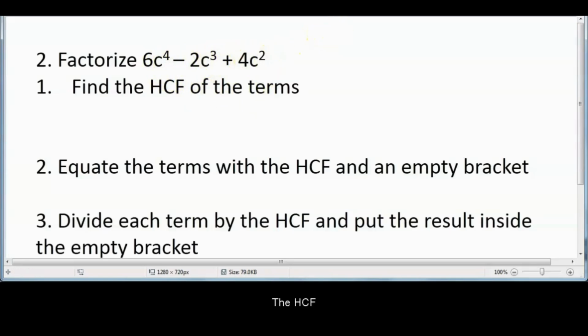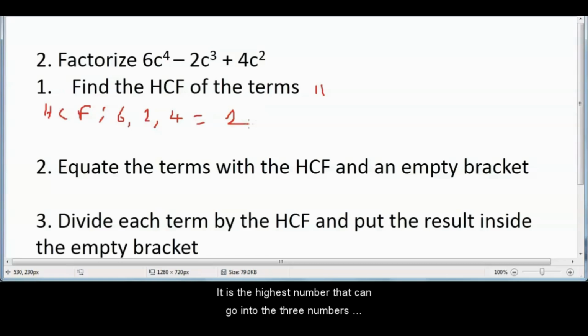The HCF of 6, 2 and 4 is 2. It is the highest number that can go into the three numbers without remainders.